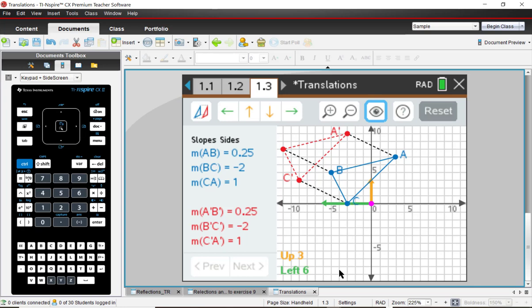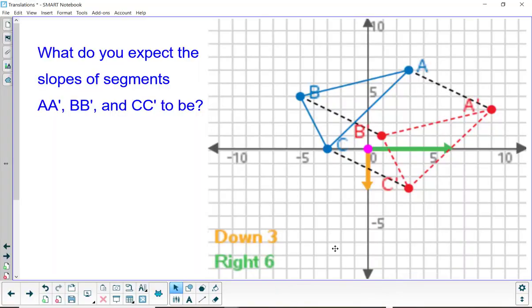So let's go ahead and look at this. What seems to be true about these segments here? Well, if you look at how we got there, down 3 and to the right 6, the down 3, if we go from point C, would be here. To the right 6 from that would go here.